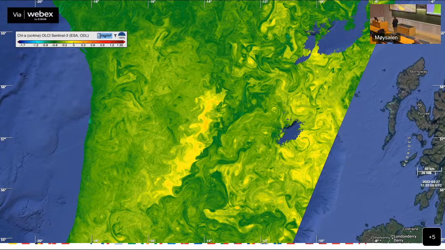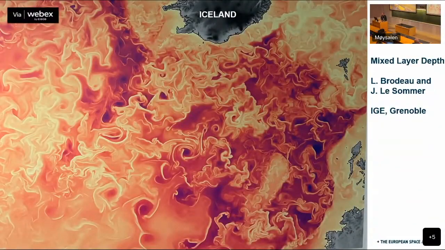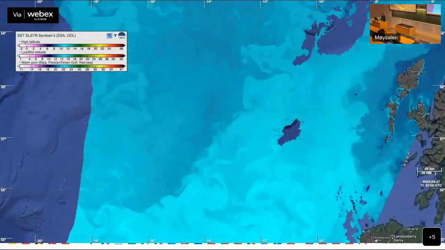It doesn't take too much imagination to look at this and then look back at the previous one and see that at least your eyes want to tell you there's some commonality in the structure. But it's two completely different things we are looking at, mixed layer depth and ocean color or sea surface temperature. But the suggestion for some kind of correlation is there.